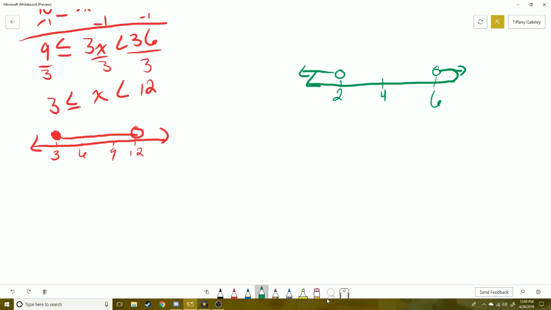Alright, well, this is stating an or statement, because there's nothing in the middle. So x is anything less than 2, or x is anything greater than 6. So you know it's an or statement if it's not connected, so if you have two separate pieces.